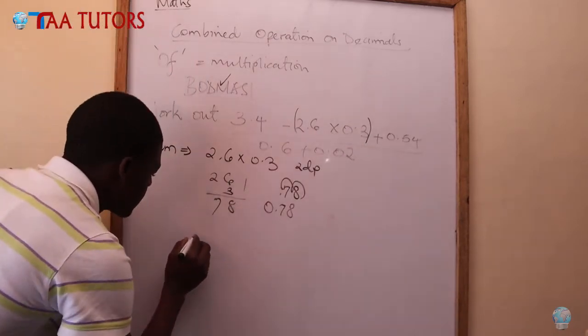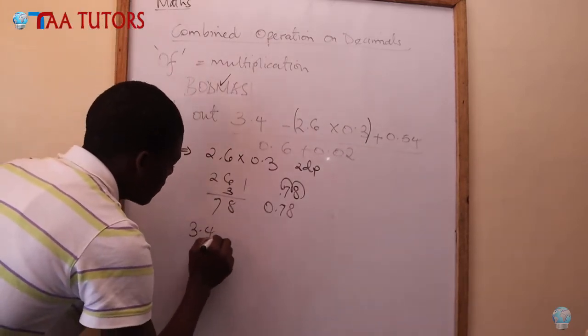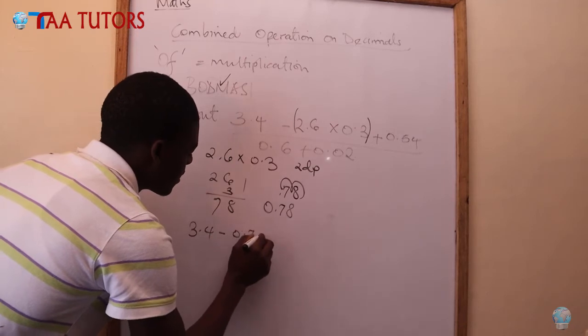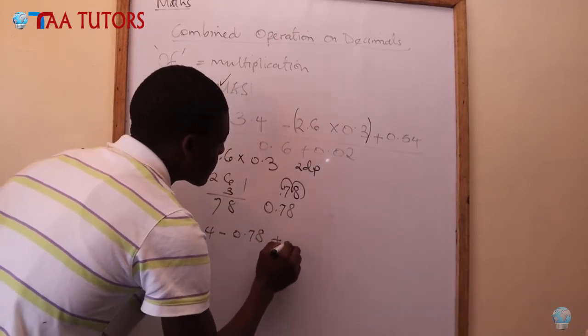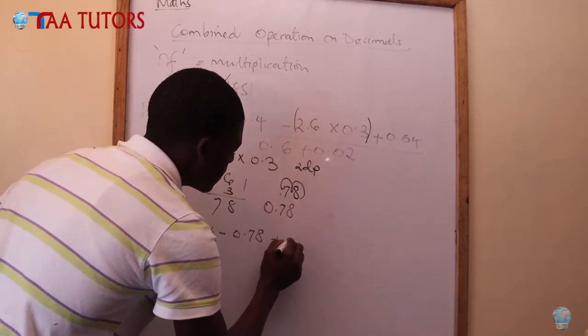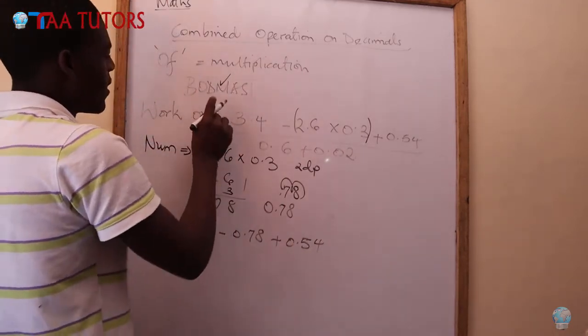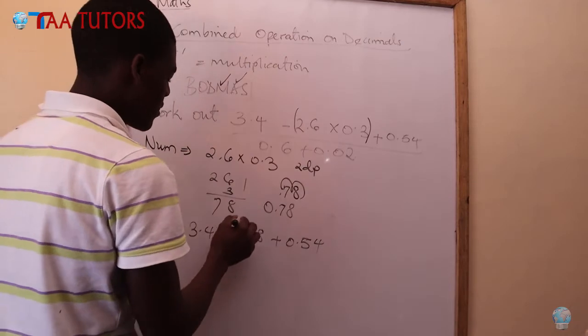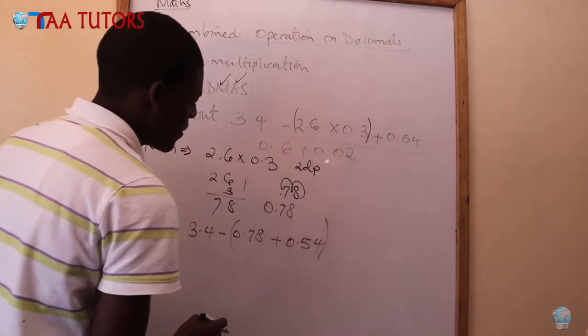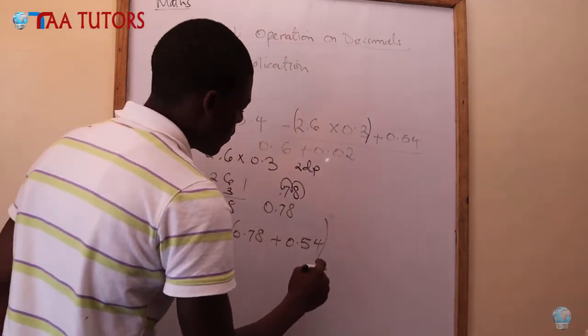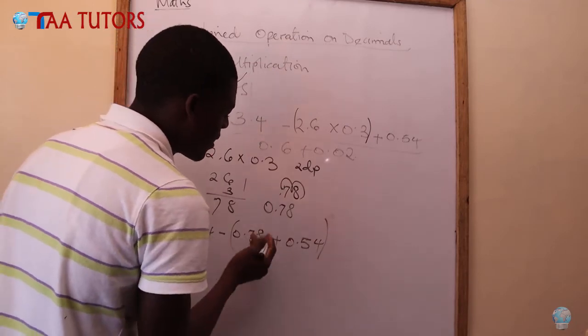Then we rewrite 3.4 minus 0.78 plus 0.54. So after multiplication, we will go to addition, this part. In addition, we only obey the place values.